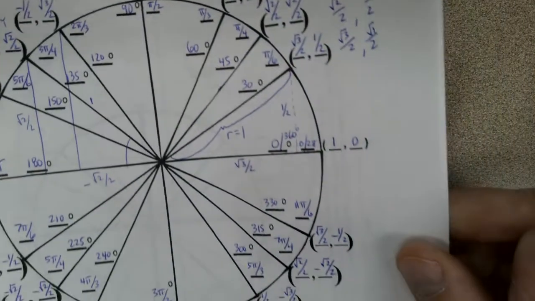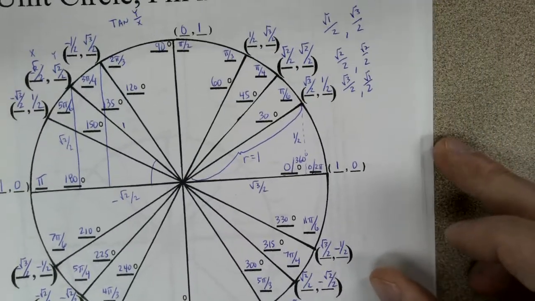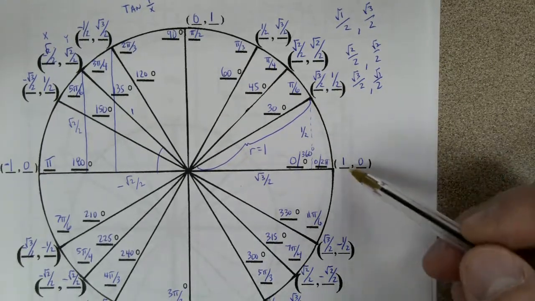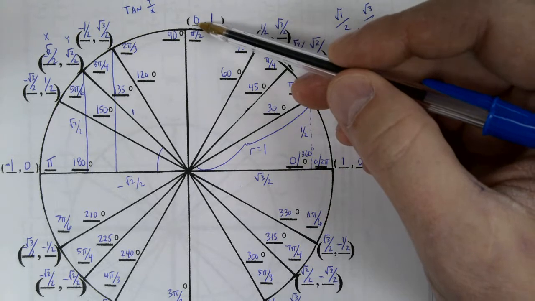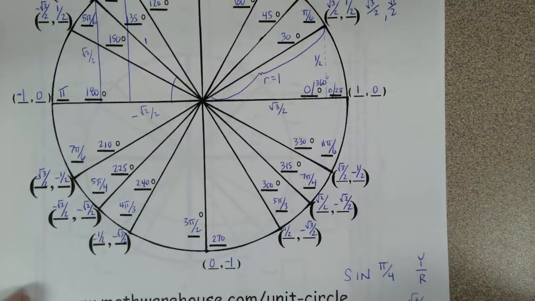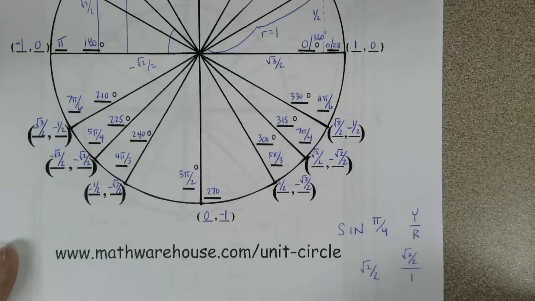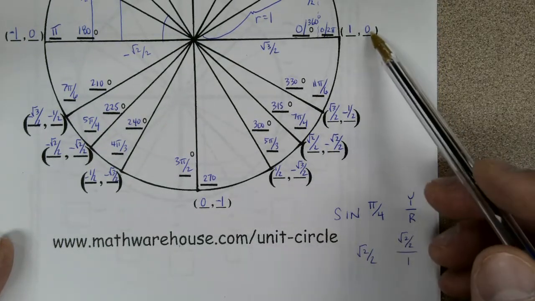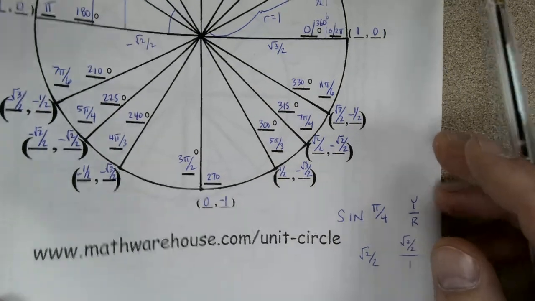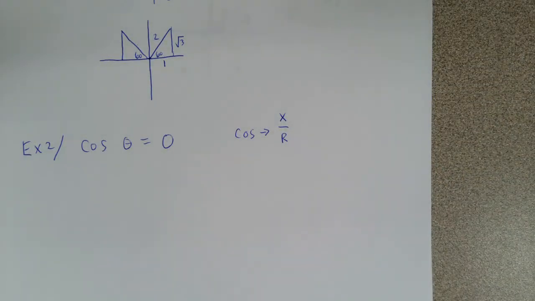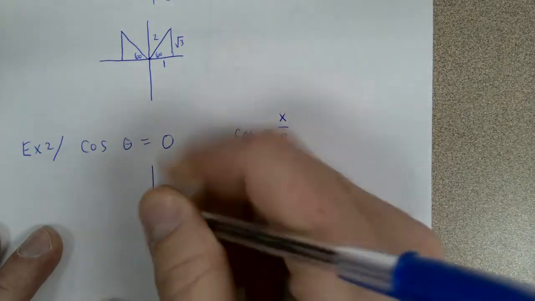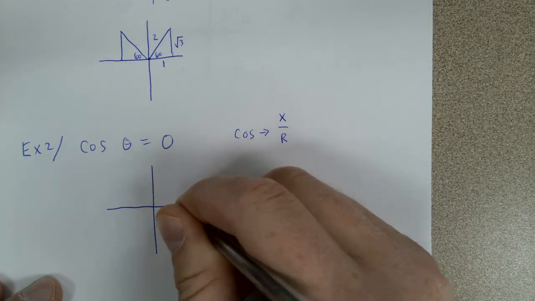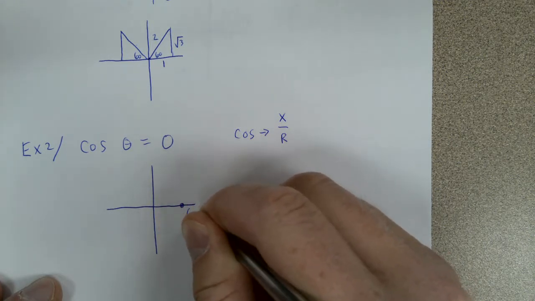So let's go back to our unit circle. Looking at my quadrantals, x is going to be 0 at 90, and x is also going to be 0 down here at 270. On this one, there's not really a triangle to be drawn. You might just plot your quadrantals here: at this point, I'm at 1, 0.